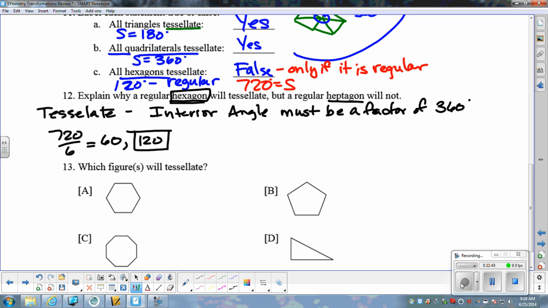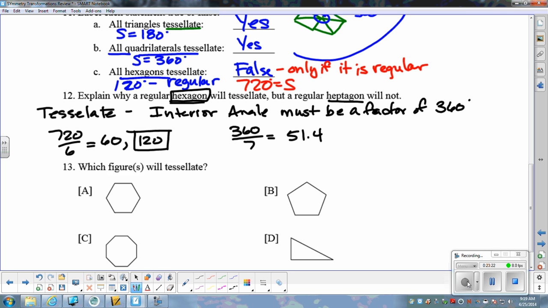However, if I take a heptagon, it has a sum of 900 degrees. If I take that and divide that by the number, let me back up just a second. So if I want to find one exterior angle of a heptagon, I would take 360 divided by 7, which is going to give me 51.4 degrees.